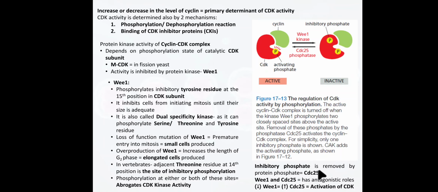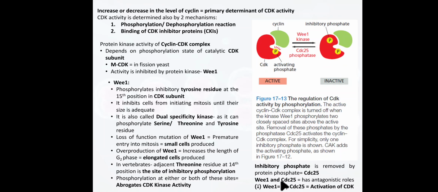So there is another one which is directly opposite to V1's activity. V1 adds inhibitory phosphate to the active CDK complex or the CDK itself. But there is CDC25 phosphatase, which acts directly opposite to V1, in that it removes this inhibitory phosphate. The inhibitory phosphate is removed by the protein phosphatase CDC25.